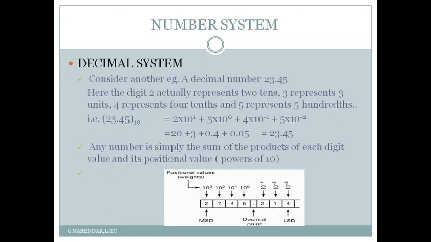Why is 2 the MSD and 4 the LSD? That we know by the definition, that if you look above, the position values are given for each position of the number.